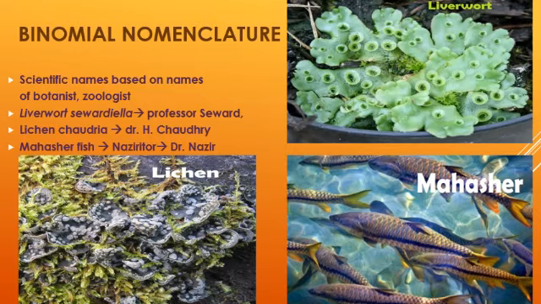Lichen Cordrea is the association of algae and fungi, and it was first studied by Dr. H. Chaudhary, so it was named after him. Mahashir fish was named Nazirator after the name of great fisheries expert Dr. Nazir.